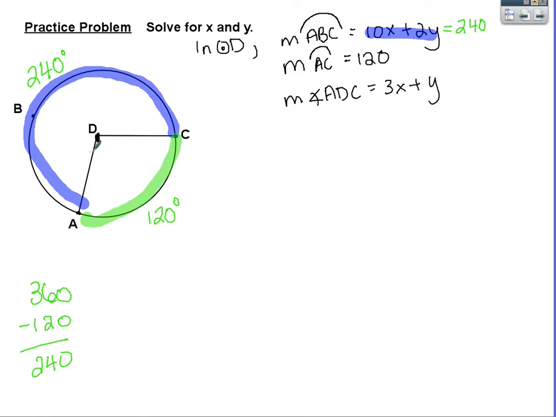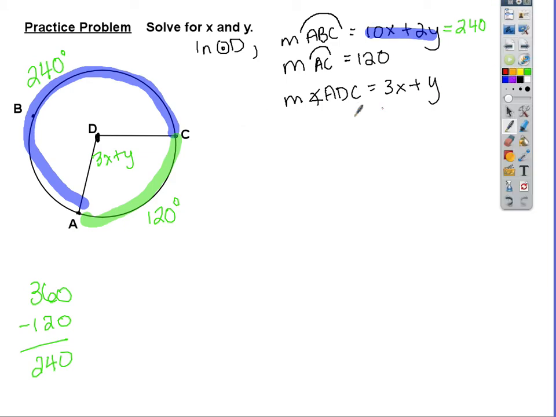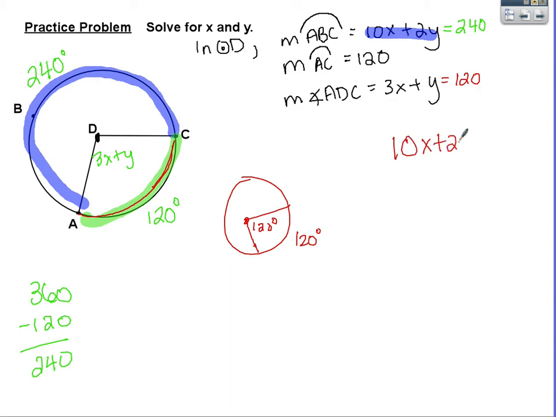We were told that ADC is 3x plus y. I know that in a circle the central angle and its corresponding arc are congruent. So if the arc is 120 degrees, the central angle is also 120 degrees. Now I know that 3x plus y is 120. So this will be a systems of equations problem. I'm going to multiply the bottom by negative 2.